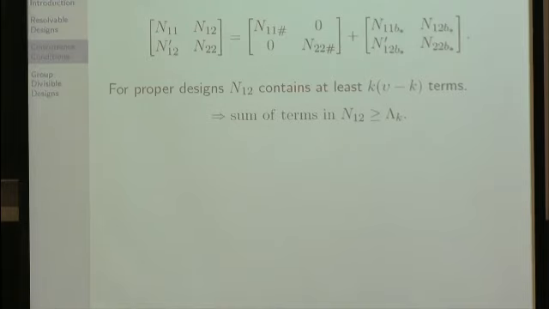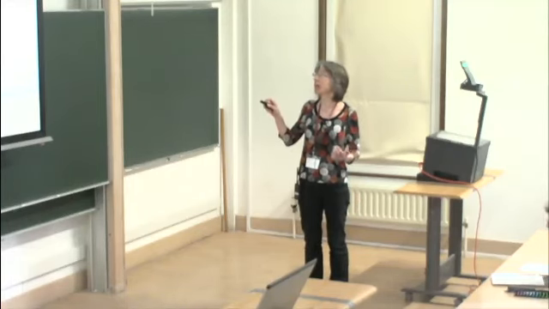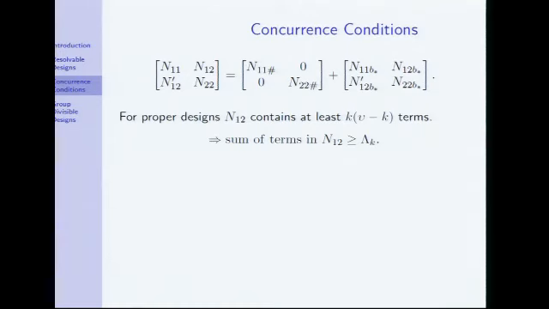So the sum of terms in this part of the concurrence matrix must be at least lambda k, which is the sum of my k times v minus k smallest concurrences.